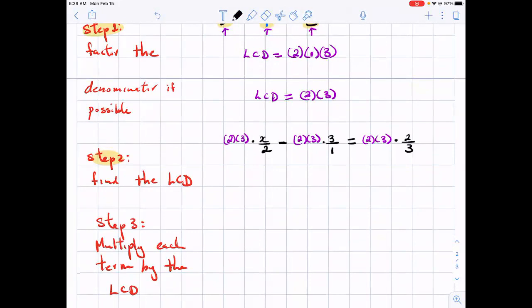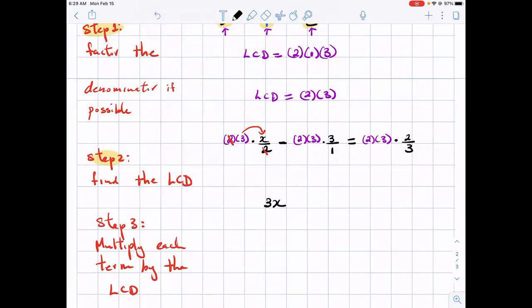Now what you will notice happens here is that this denominator, the 2, will cancel with that 2, leaving you with 3 times x. And 3 times x we know is 3x.